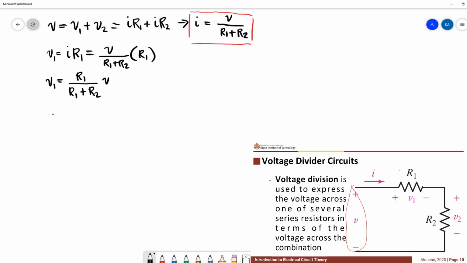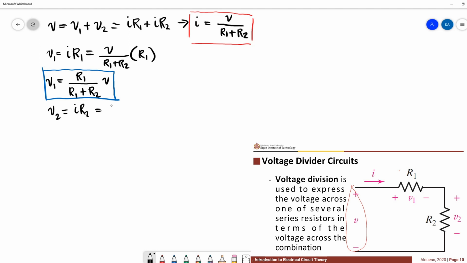So for V2, we have V2 is just I times R2.